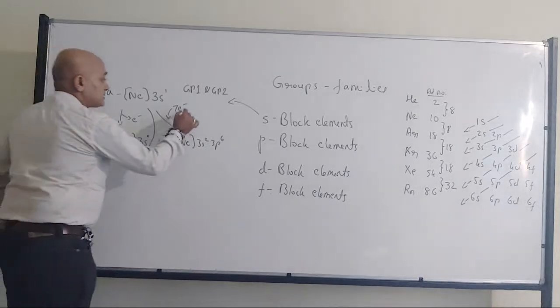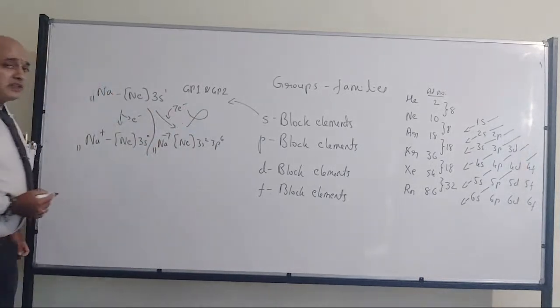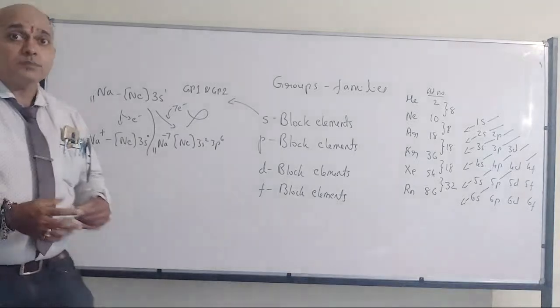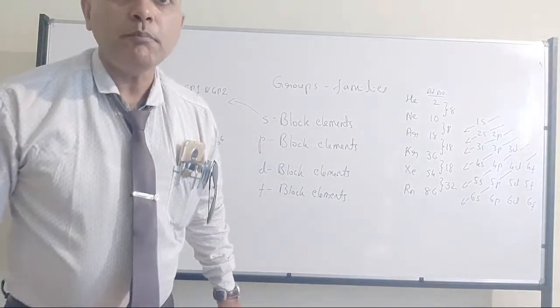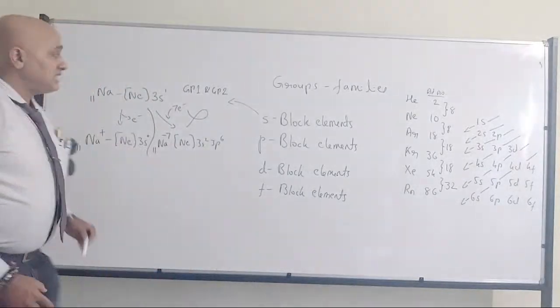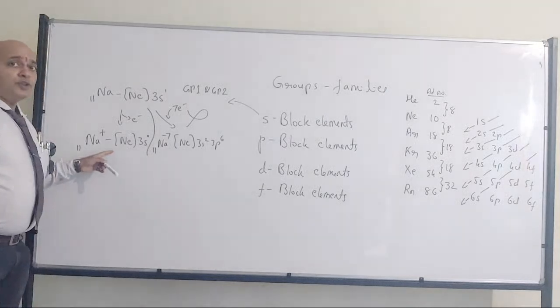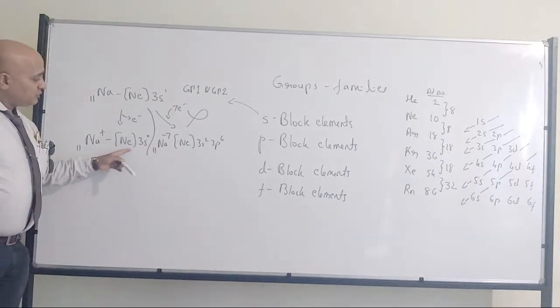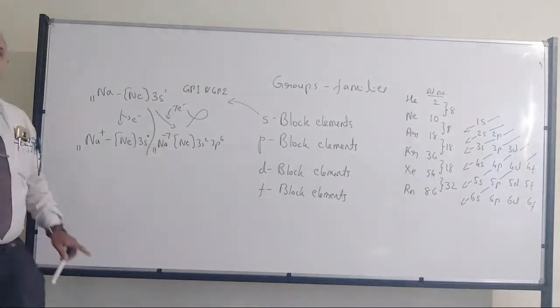Naturally, it's not at all possible. No element can take up 7 electrons. It's impossible. Right? So therefore, it will go with the donation of 1 electron to attain the neon electronic configuration.